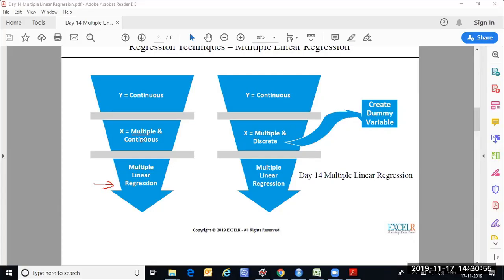If they're continuous, perfectly fine. If the input variables are discrete, what should we do? We create the dummy variables, right? And yesterday we looked at different approaches for creating the dummy variables and which approach is the best among that, right?